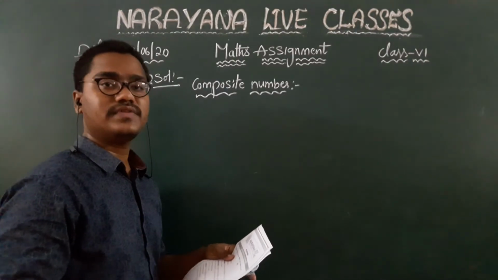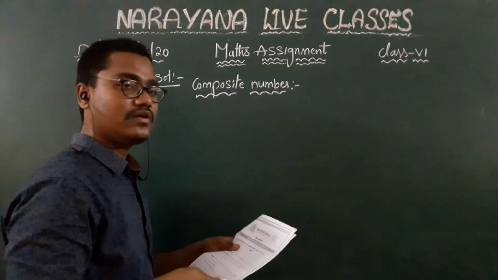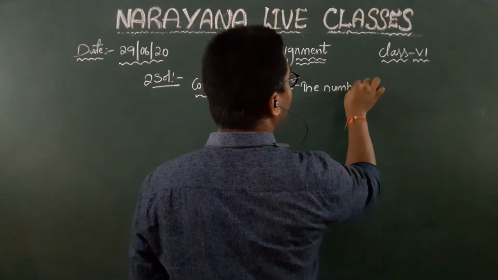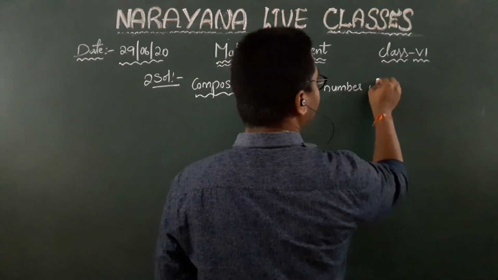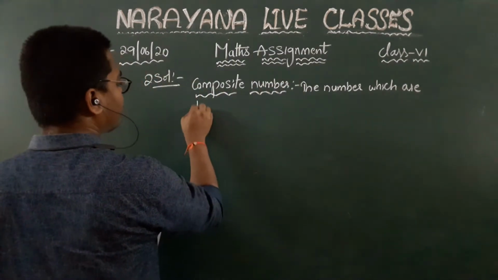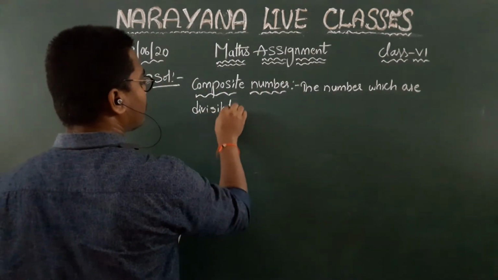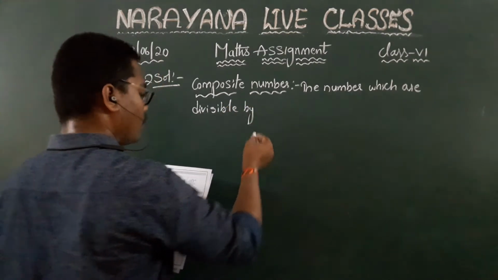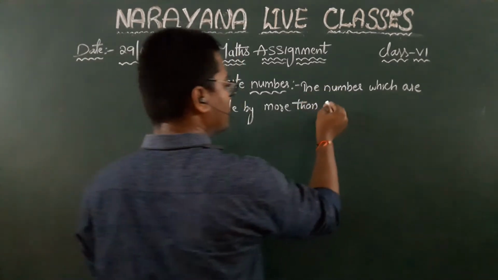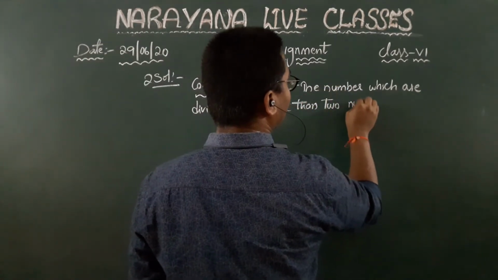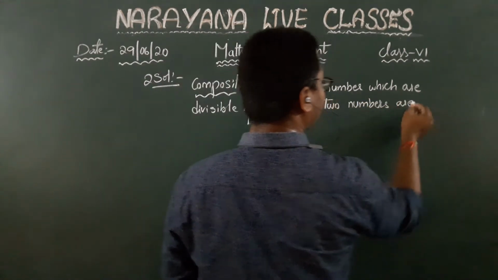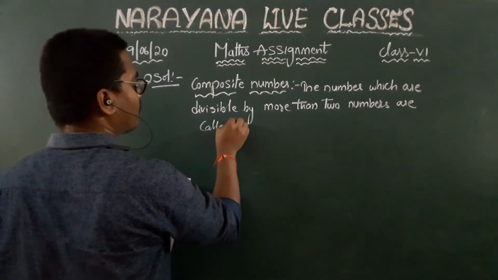The one which has more than two factors is called a composite number in simple terms, or we can also define it as the numbers which are divisible by more than two numbers are called composite numbers.